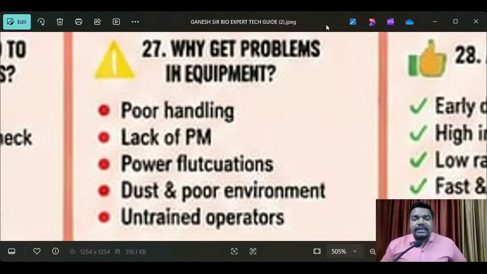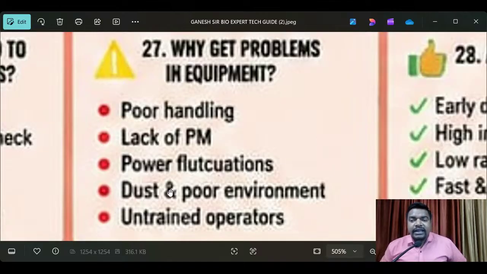See here, why do problems occur in equipment? I want to say mammography. Listen carefully, my dear biomedical engineers, and whoever is working in society. We are a team together. We have to provide services as biomedical professionals. Why do problems occur in mammography equipment? Poor handling, lack of PM, power fluctuations, dust and poor environment, and untrained operators.